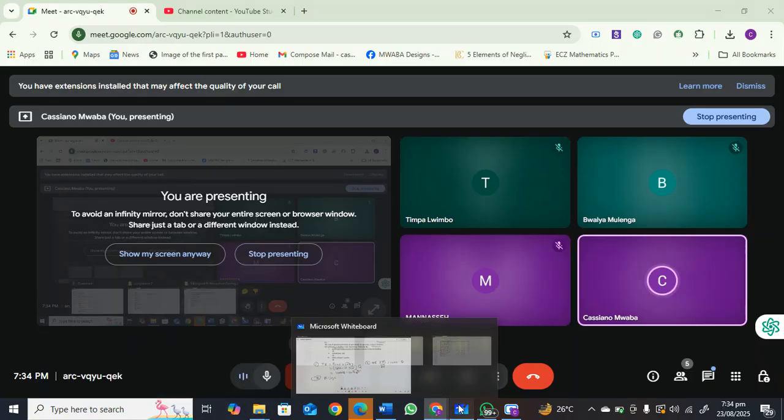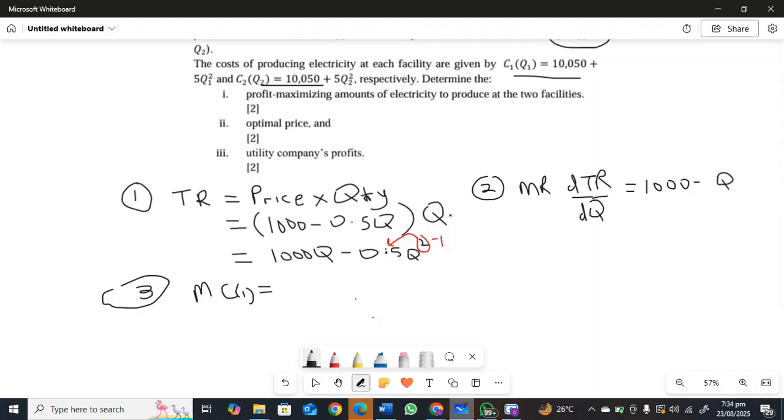Where were we? Yeah. So we get the marginal cost function. We're deriving this 10,050 plus 5 Q1 squared. Let me write it down.